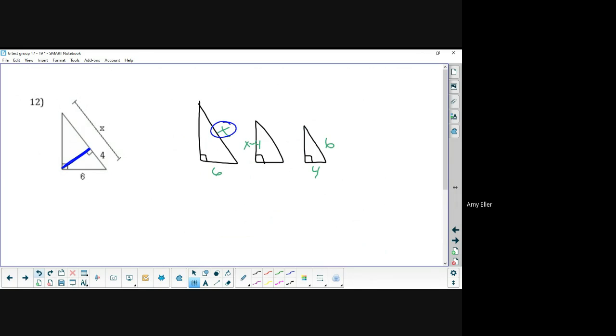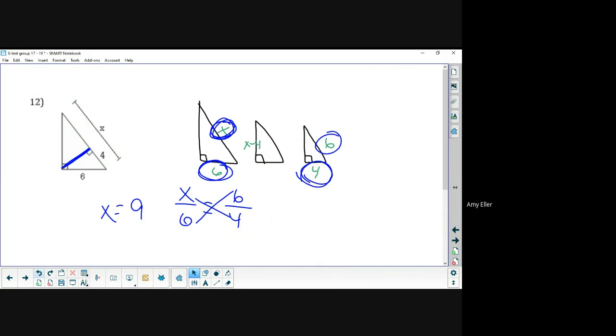I'll compare these two. They're in the same place. And these two are in the same place. Since I started with this triangle, make sure I start with this triangle again. Cross multiply, you get 9. You should now have a perfect group test.